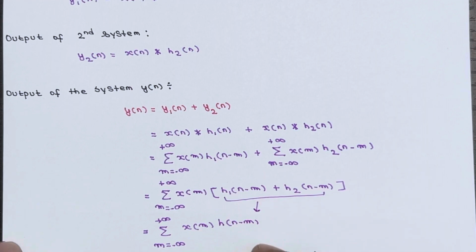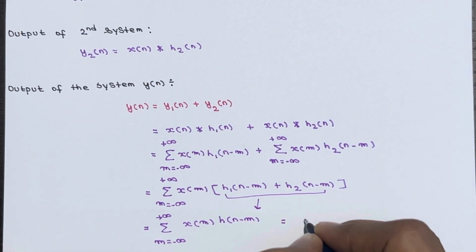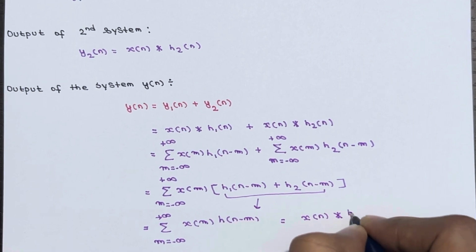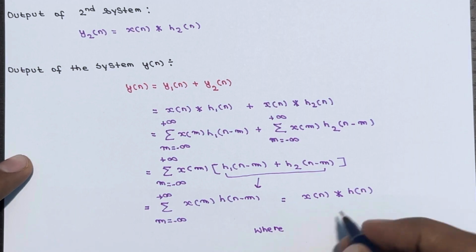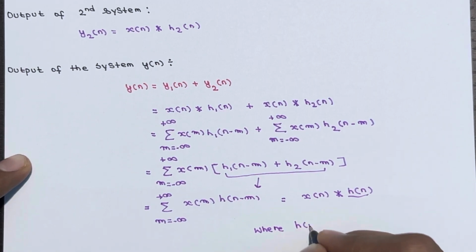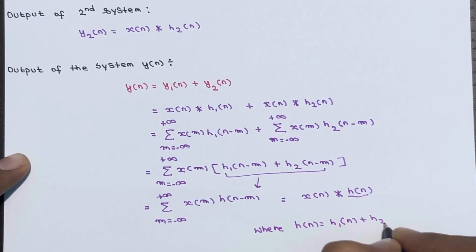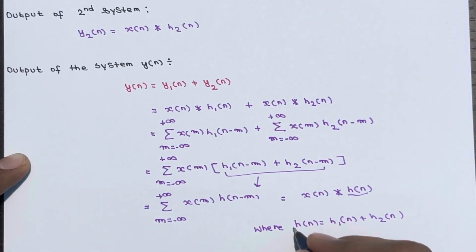This expression is the convolution of x of n and h of n, where h of n is equal to h1 of n plus h2 of n.